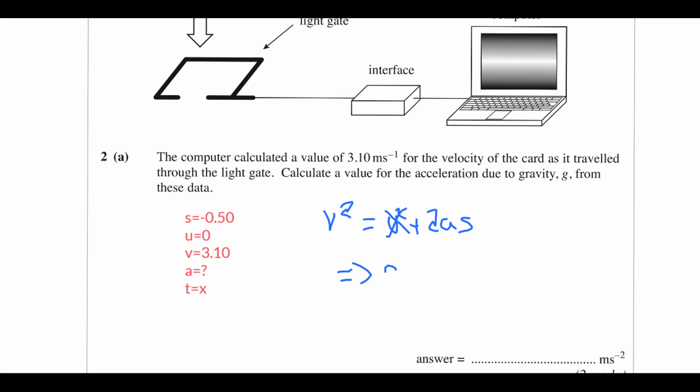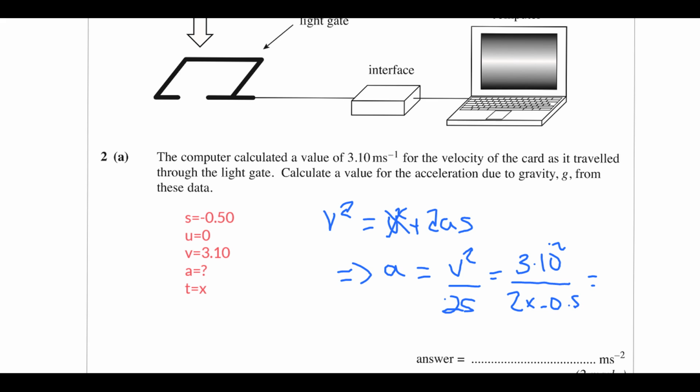So we want a, so that's going to be v squared over 2s. So that's 3.10 squared over 2 times minus 0.5. So that's effectively minus 1.